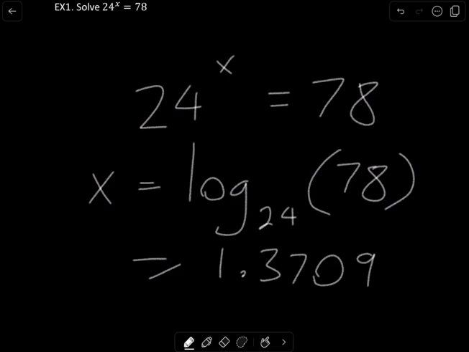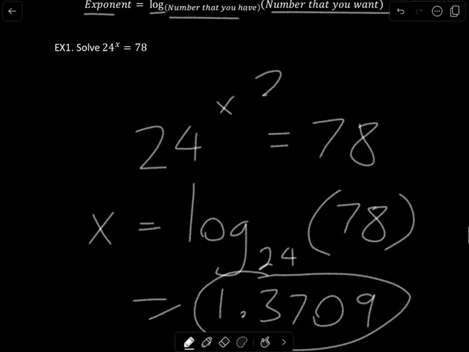Now, before we move on, let's actually think about what this is. What does this 1.3709 mean? This 1.3709 is what I must raise 24 to. So I must say 24 to the power 1.3709. And obviously there are some decimal places that I've cut off by rounding.